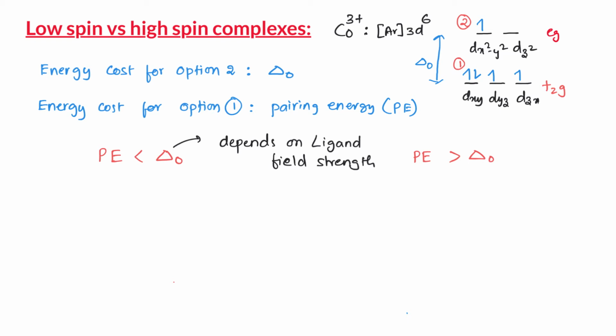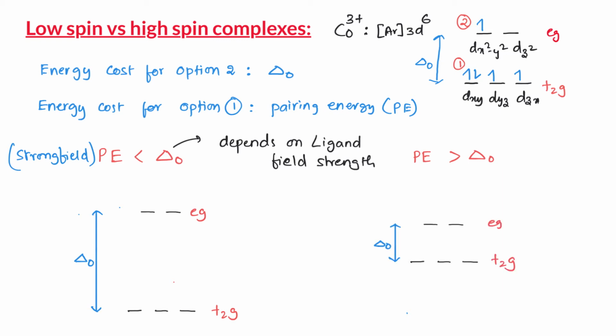The ligands whose delta naught or crystal field splitting energy is so large that it is greater than pairing energy are known as strong field ligands. And the ligands whose splitting energy is so small that it is smaller than the pairing energy are known as weak field ligands. Now let us fill the electrons in both cases.